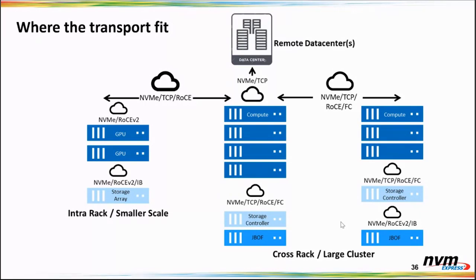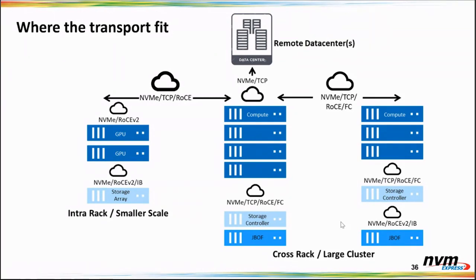So let's take it one transport at a time, starting with the easiest one, which is NVMe over TCP, even though it's really the last one to come out of the standards group. The reason it's easiest is that it can basically work anywhere. At NVIDIA, for example, we've run it from our lab in Israel to our lab in Sunnyvale across the internet. As you can imagine, the performance was not so good.